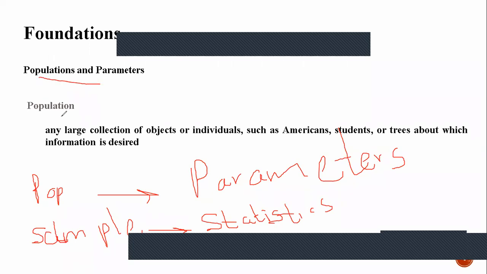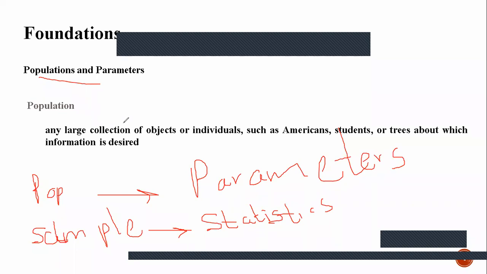For the population, here I have mentioned a definition: any large collection of objects or individuals, such as Americans, students, or trees, about which information is desired.